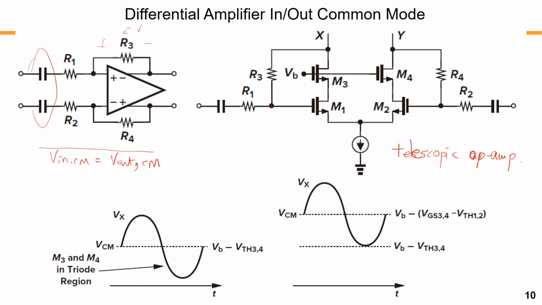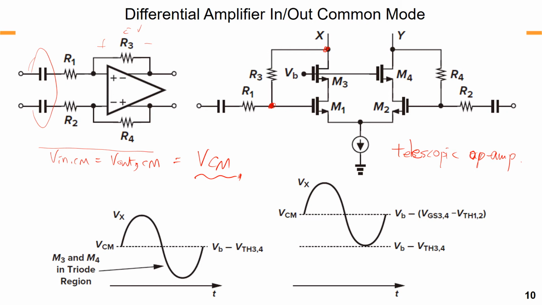Because there is no DC current flowing through R, the voltage at the input and the voltage at the output are the same at the bias. So the question is, what would be the input and output common mode voltage range? It is a similar analysis to what we did in the previous telescopic amplifier.